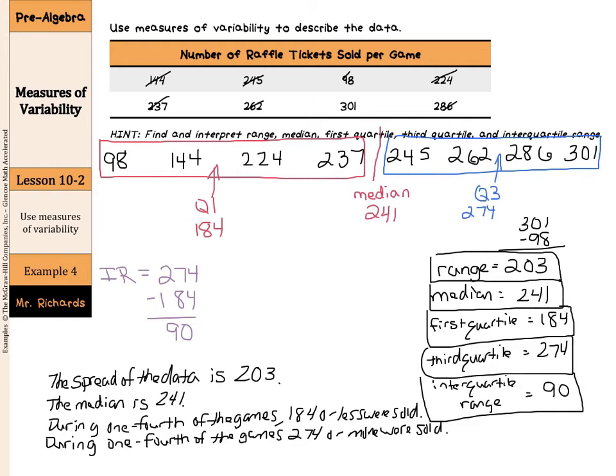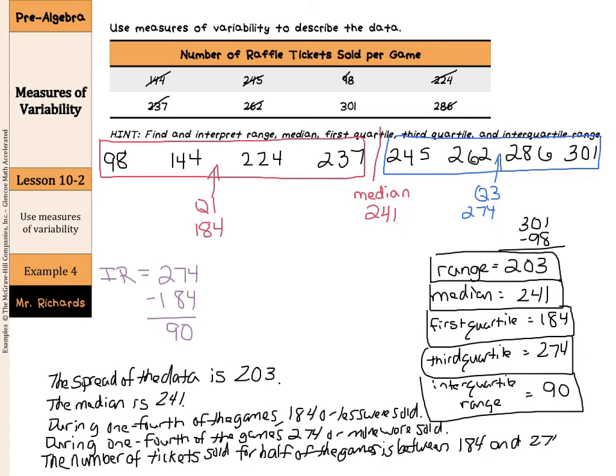And then lastly, we can refer to our interquartile range and say the number of tickets sold for, now remember the interquartile range contains half of the data, so we can say for half of the games, is between 184 and 274.